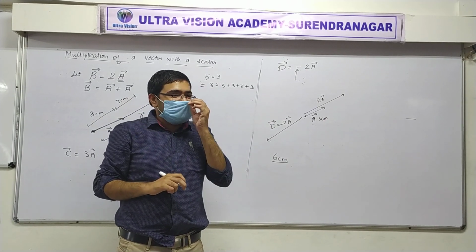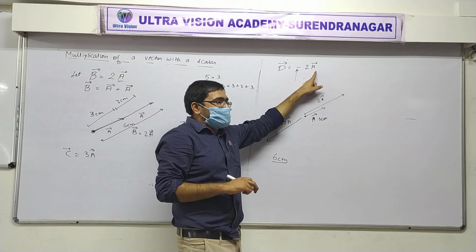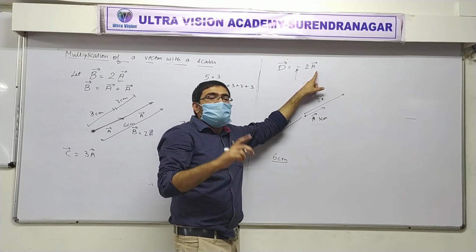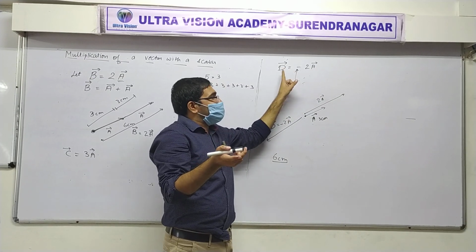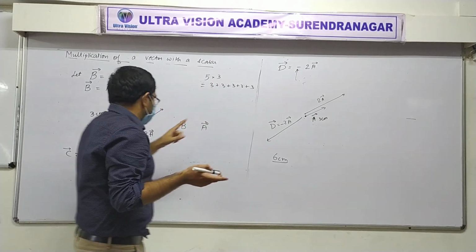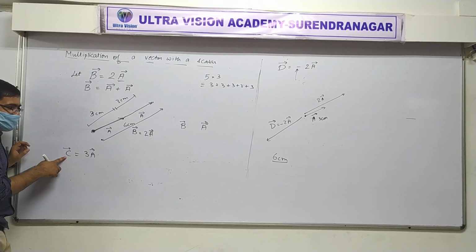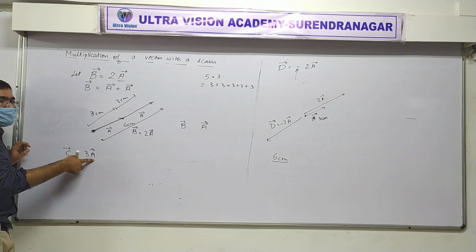Direction. The minus sign is indicating that D vector is in opposite direction to A vector. અહીંયા plus આવે. What does this mean? C vector is in same direction as A vector. Clear or not clear?